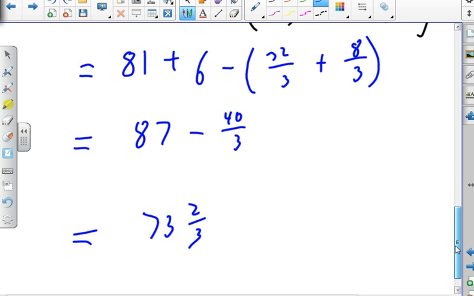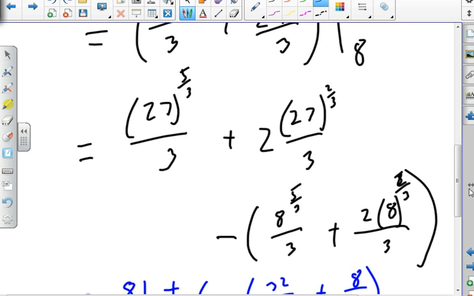Moving back up to some reasonable spot in the problem. 27 raised to the 5/3 divided by 3 plus 2 times 27 raised to the 2/3 divided by 3 minus 8 raised to the 5/3 divided by 3 minus 2 times 8 raised to the 2/3 divided by 3.